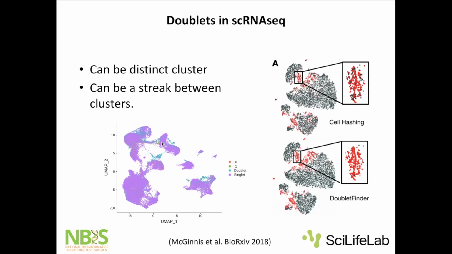But actually, we managed to try to find stuff that has more signal than just a mix of two cell types. But this will become super tricky. So if you want to do trajectory analysis and that's your main goal with single cell data, don't overload, because doublets will be a big issue for trajectory analysis.